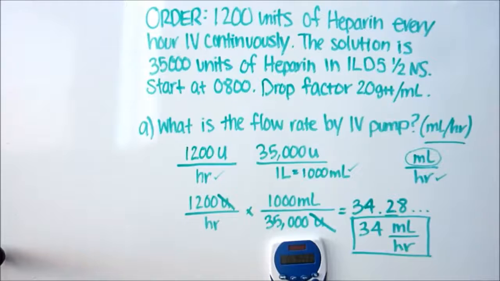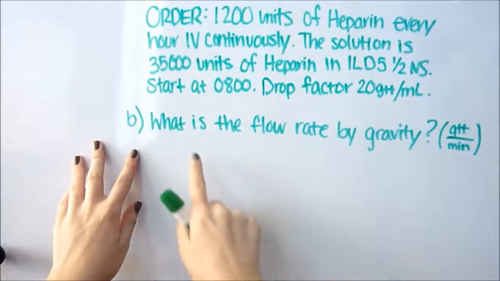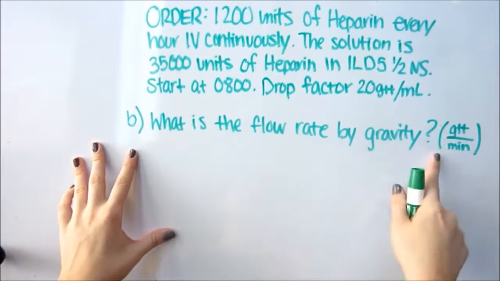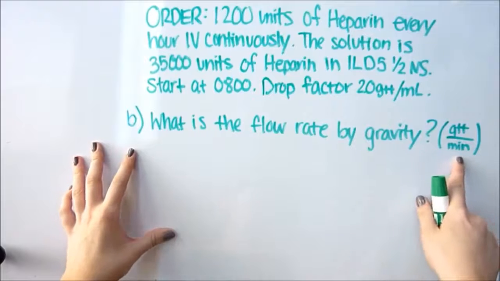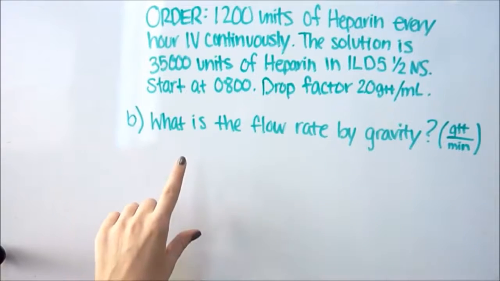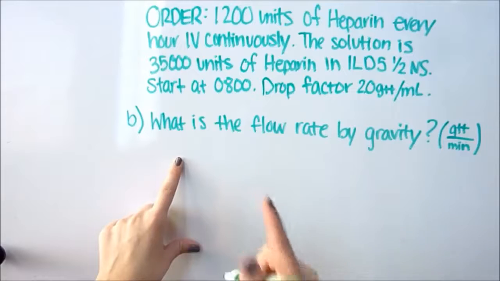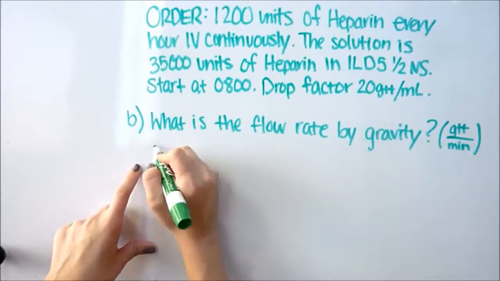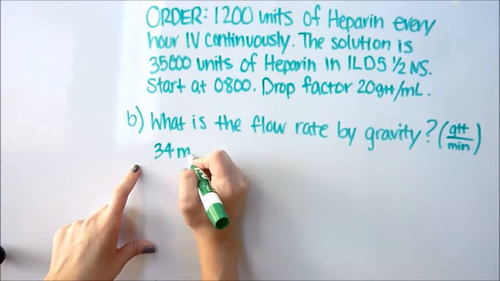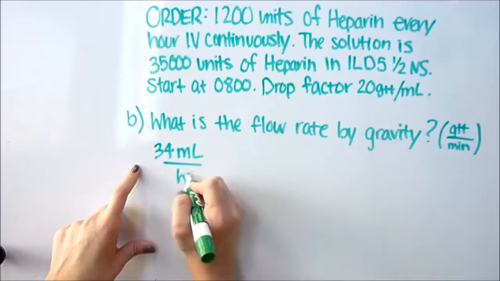Yay! So now we're going to look at what is the flow rate by gravity, okay? And that basically means drops per minute. So what we're going to need is our information before, which was 34 mL per hour, right?